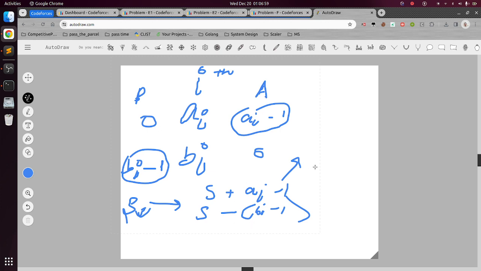Because for a particular I color, either A of I was added, or B of I was removed. So B of I was added to Bob's score. It's pretty difficult to prove why this greedy works.